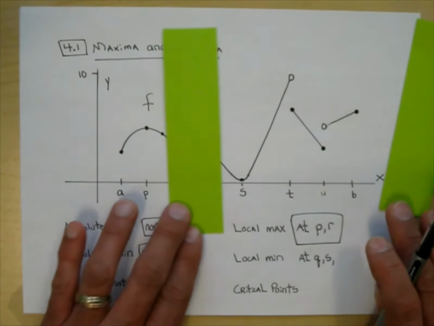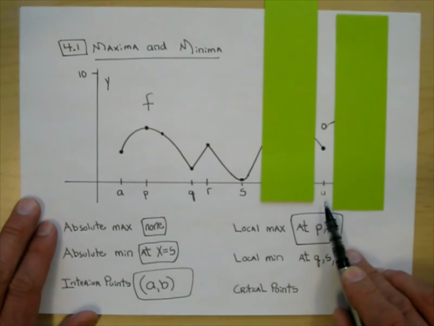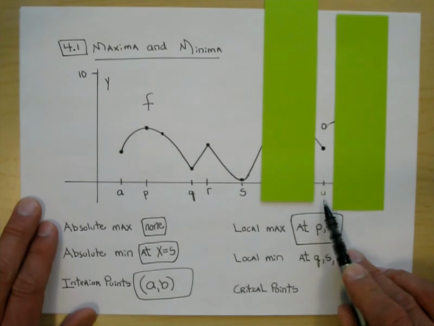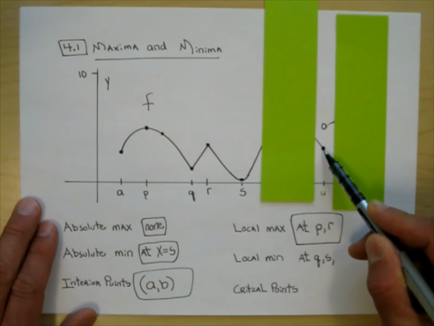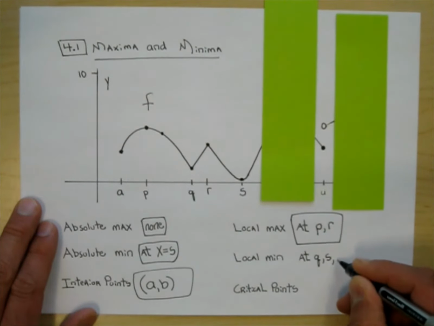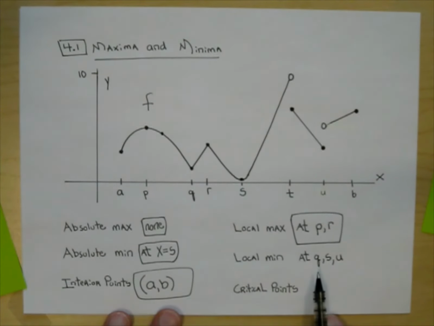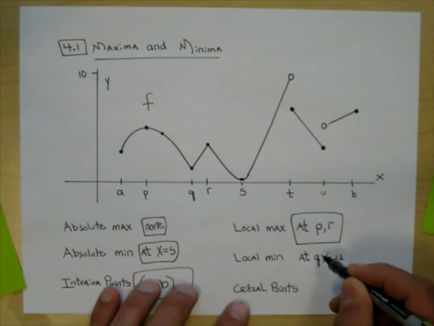We'll put a neighborhood around him. Point U, we'll call it point U. Is he the bottom dog of his neighborhood? Is he the lowest point? You look on both sides? Yes, he is. So U is going to go in the list. So we have a local min at Q, at S, and at U.